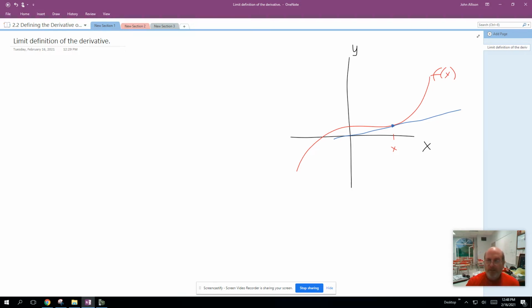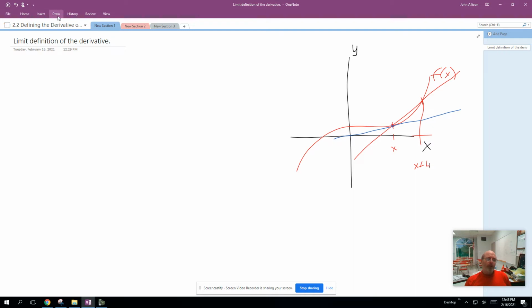I told you yesterday that the derivative of a function f of x at a point is the slope of that tangent line. So we're going to take an arbitrary x value, and we have two points on a curve: one where x is, and another where we have x plus h.